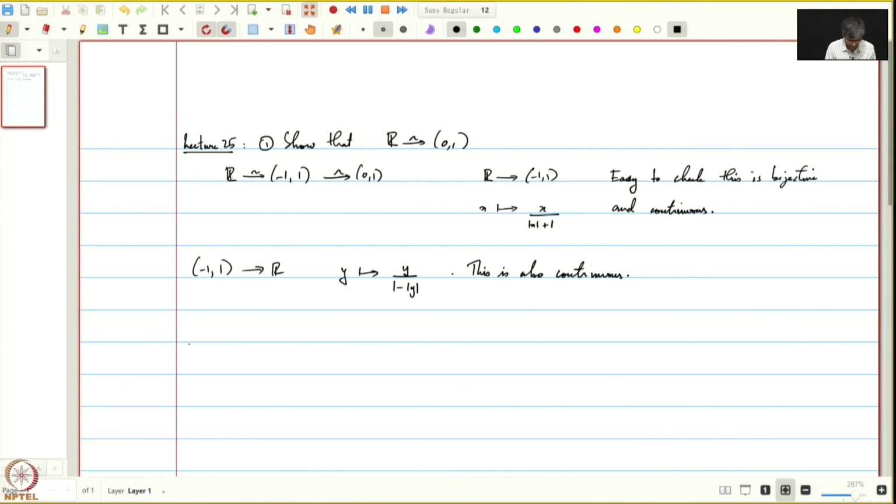This is one exercise. The other exercise I had mentioned was, so we take, let X and Y be topological spaces.